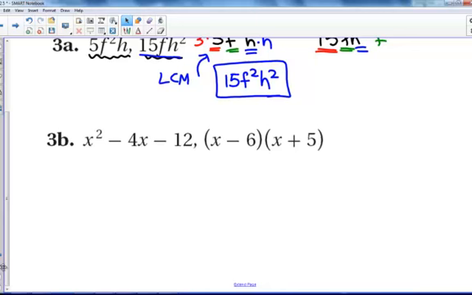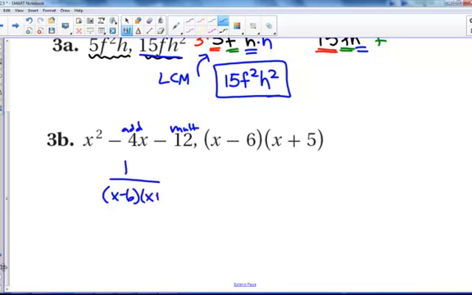If we look at the next problem, I'm still thinking of these as my denominator to get a common denominator. This first thing factors: two numbers that multiply to get negative 12 and add to get negative 4. It'd be x minus 6, x plus 2. So this is x minus 6, x plus 5.